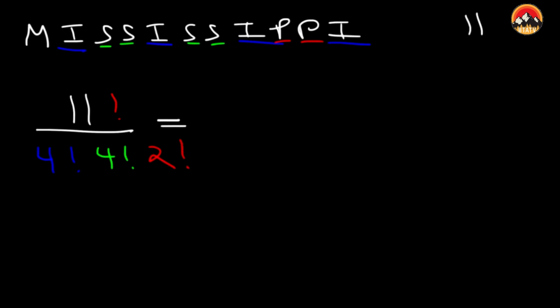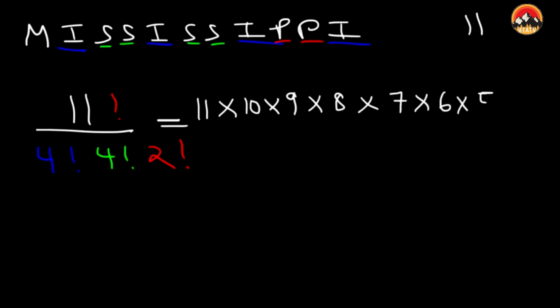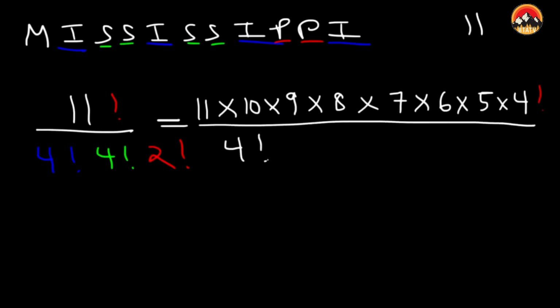So this is going to be 11 times 10 times 9 times 8 times 7 times 6 times 5 times 4 factorial, divided by, I'm going to leave the first 4 factorial the same, and the other 4, I'm going to write as 4 times 3 times 2 times 1. And then 2 factorial, 2 times 1.